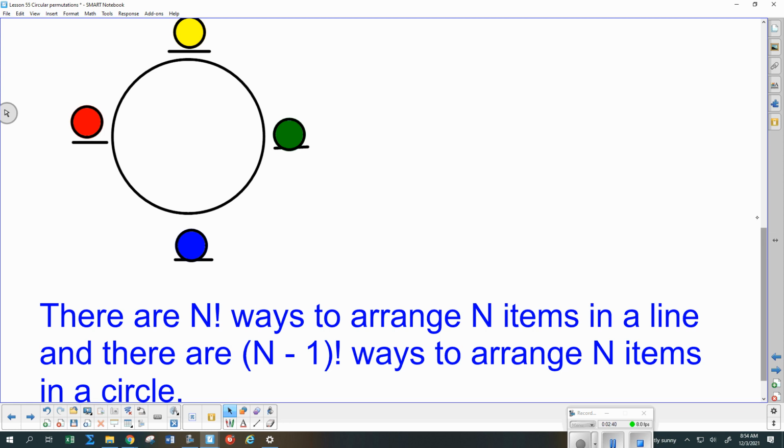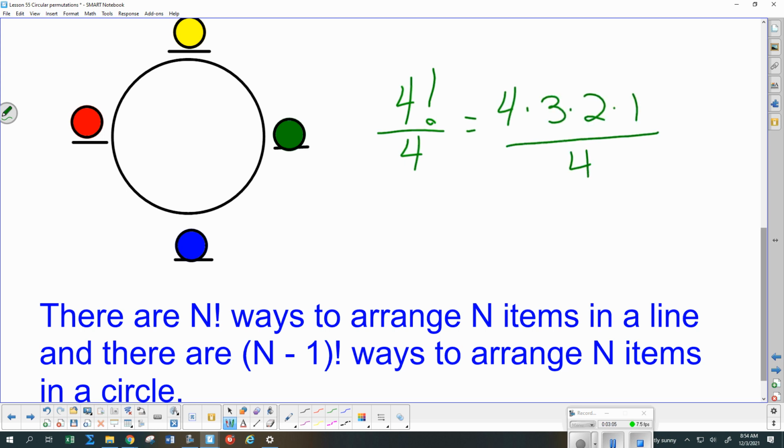So what we had, there were 4 factorial ways to put them in the chairs. But each one of those circles repeated 4 times, so I need to divide by 4 to get how many total circles. Now notice what happens when I expand that out. I have 4, 3, 2, 1 over 4.